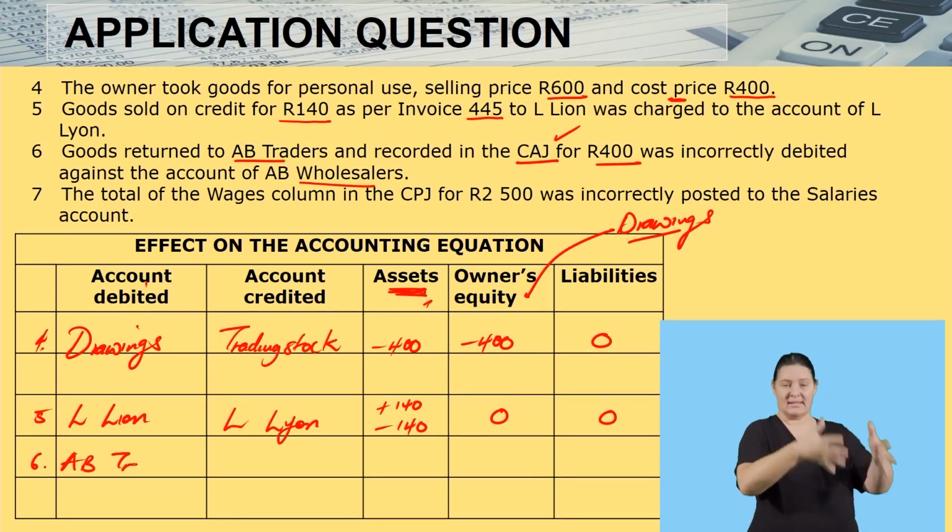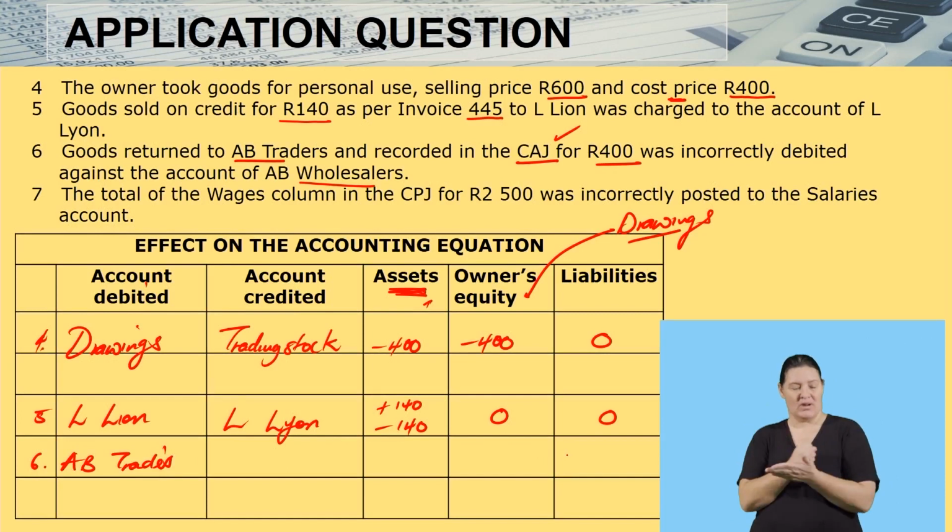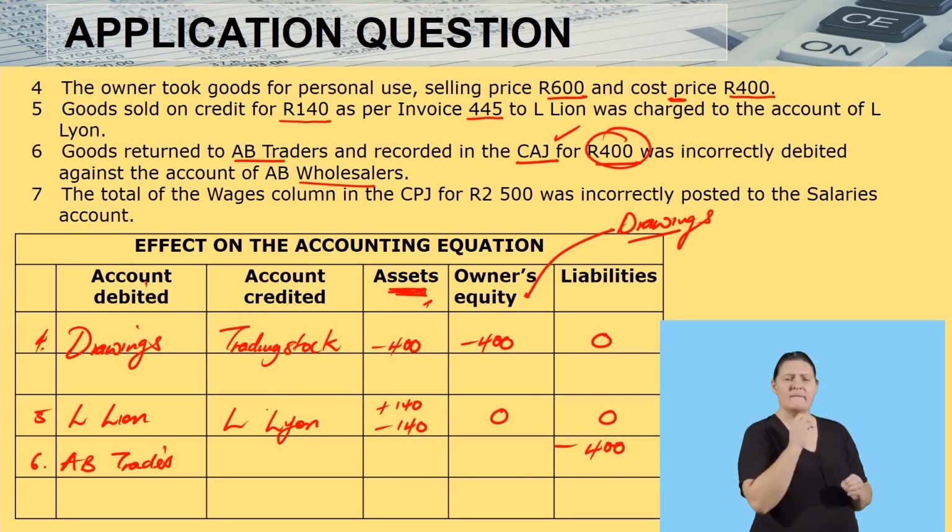AB traders, remember, these are our liabilities, our creditors. Once we debit them, it's going to decrease our liabilities. So I'm coming here to say minus how much? The amount that was recorded is 400, minus 400. And now to correct the error that was done, they had debited it against AB wholesalers. So once you debit it against AB wholesalers, to correct it, you credit it.